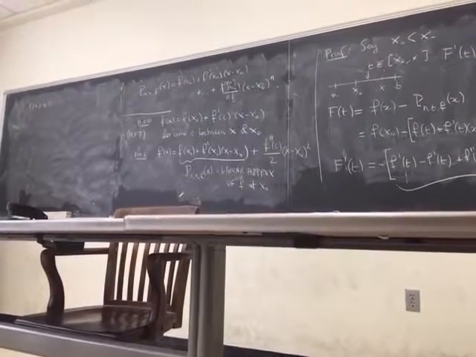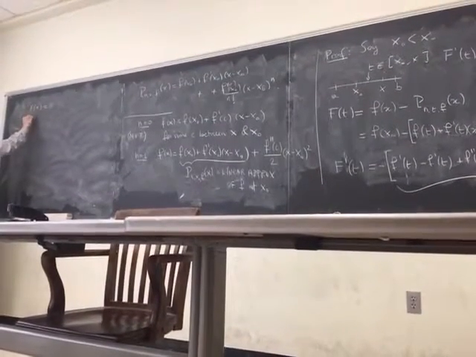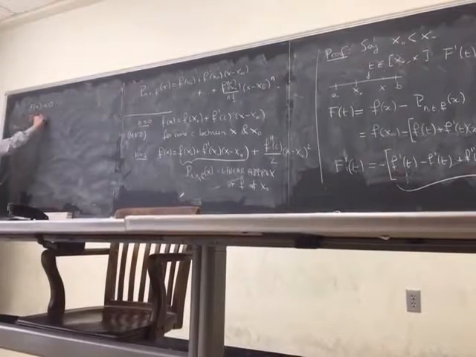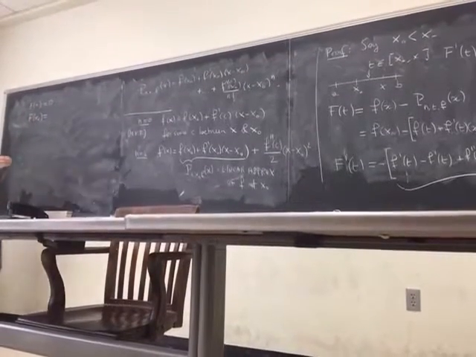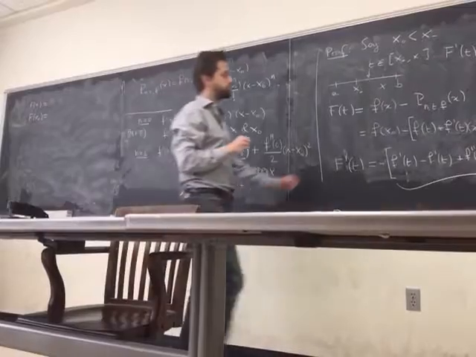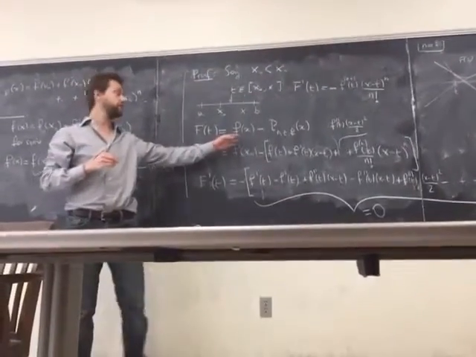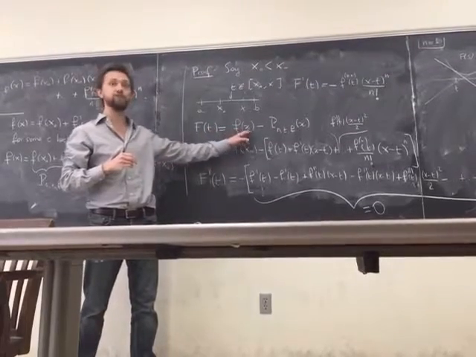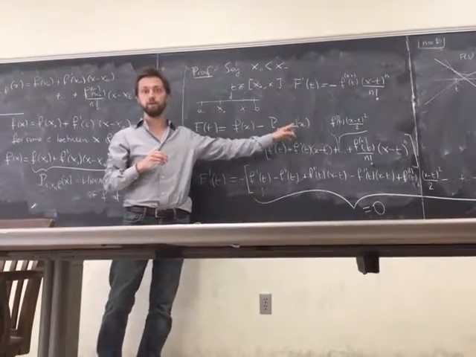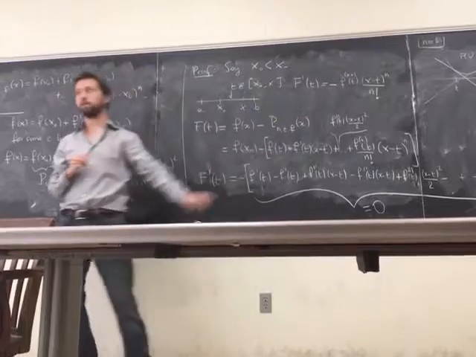What is f of x naught? F of x naught is equal to the left-hand side in Taylor's formula, right? It's the difference of f of x with the Taylor polynomial with base point at x naught computed at x.